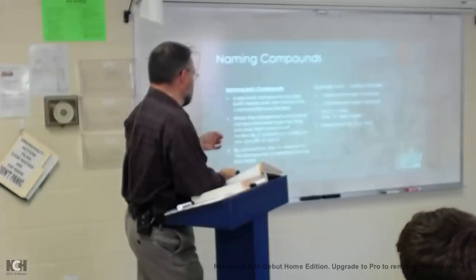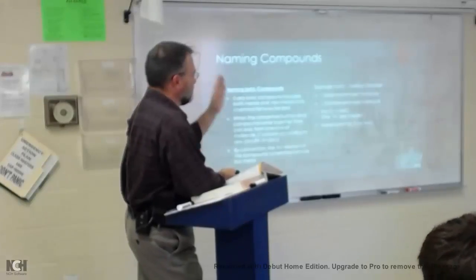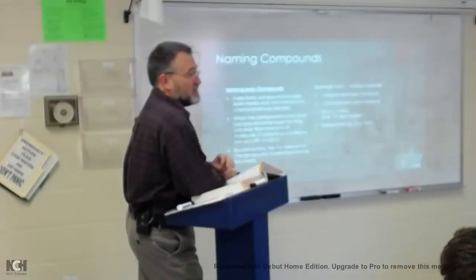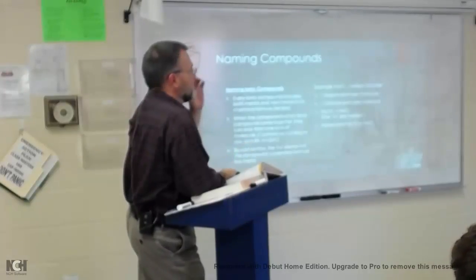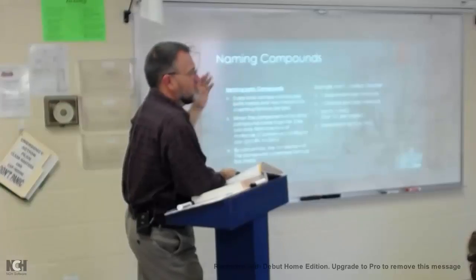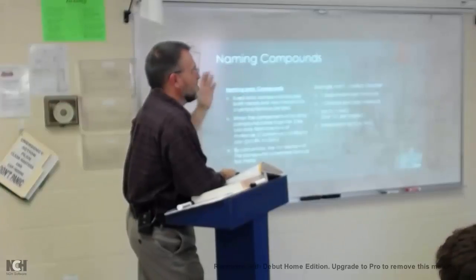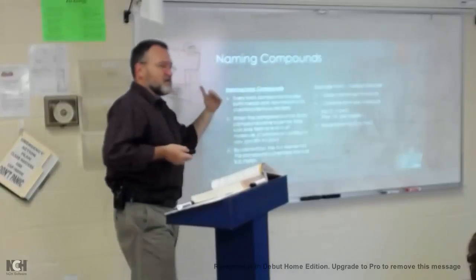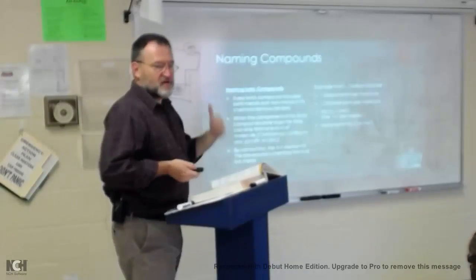So the first element in the chemical formula is the metal. The metal always leads in the name of an ionic compound. So if it has potassium in it, it's going to be potassium something. If it has lithium in it, it's going to be lithium something. Sodium, beryllium, magnesium, calcium, it's always going to start with that name. The metal always comes first.